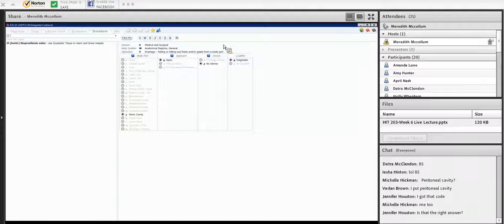That is the right answer, but I don't agree with it. Drainage, taking or letting out fluids and gases from a body part. I really disagree with this.